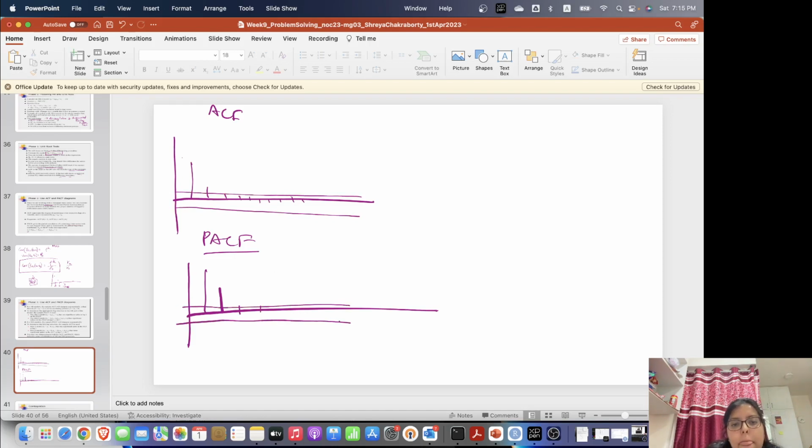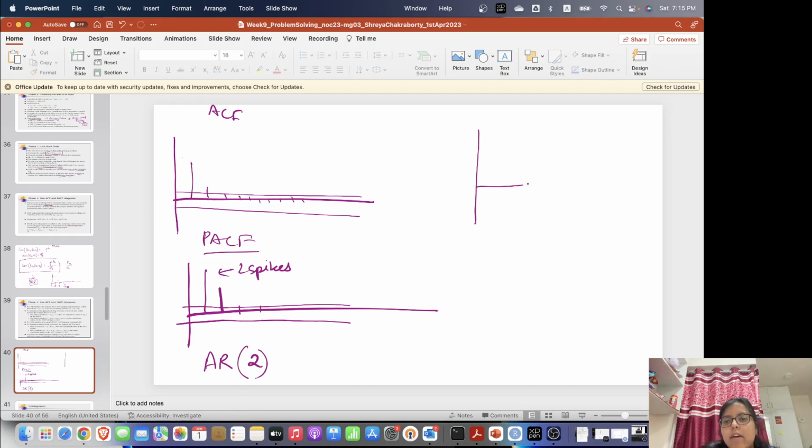Here in such a case we see 2 spikes. So if we have an ACF which is gradually decreasing and a PACF showing 2 clear spikes, we can say that this is an autoregressive process of order 2.